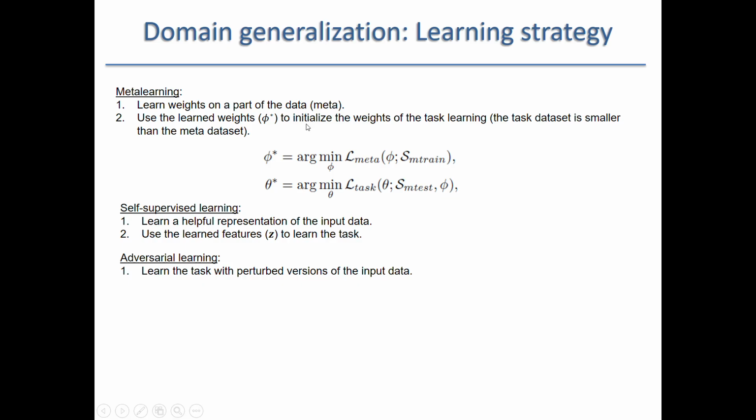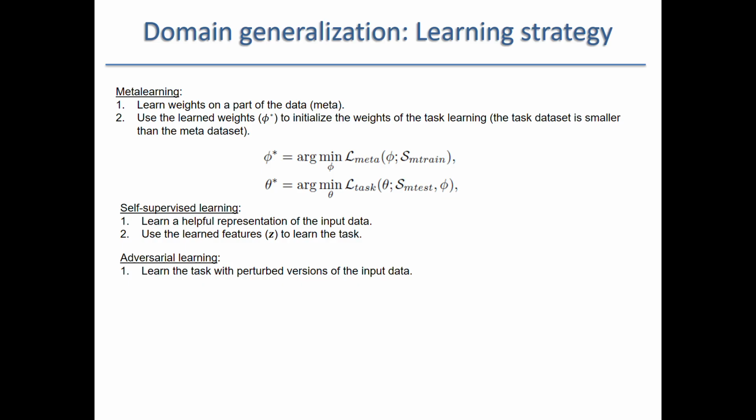Then we can generalize by changing the learning strategy. For instance, we can use a part of the data to learn some weights. This is called meta learning, and then we use the learned weights to initialize the weights for another task. The task dataset is smaller than the meta dataset. The meta dataset is a kind of general task that we are learning, and then we use the weights learned for the general task to initialize the weights for the specific task.